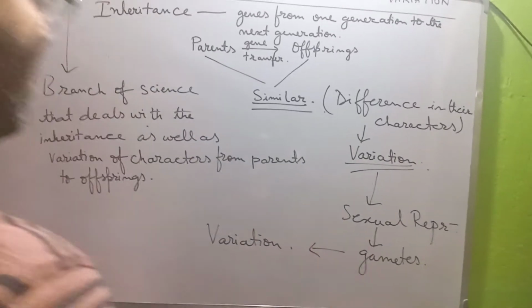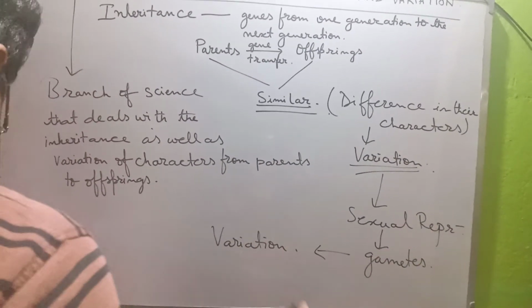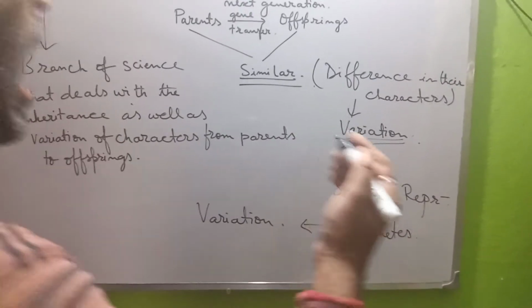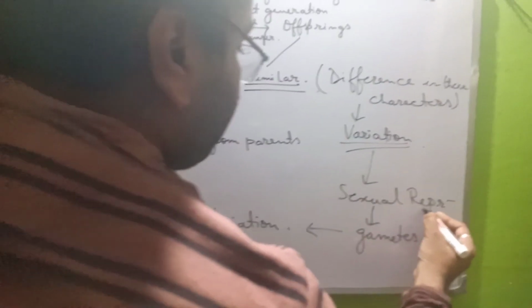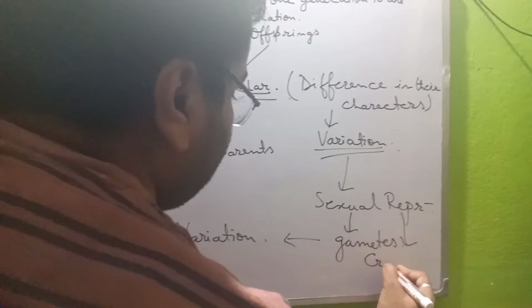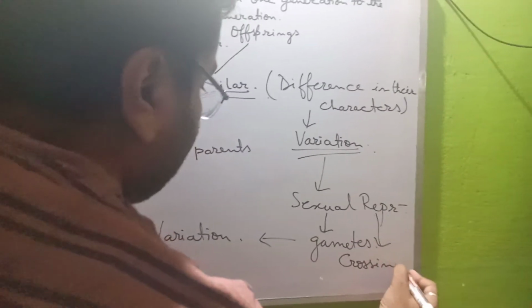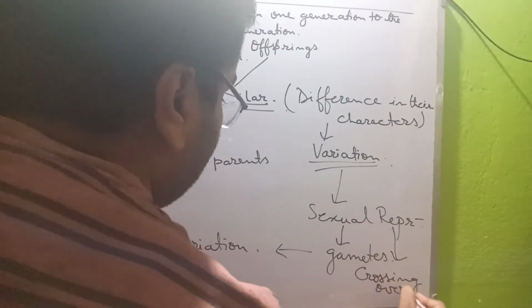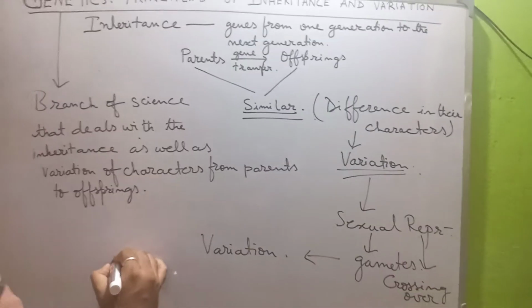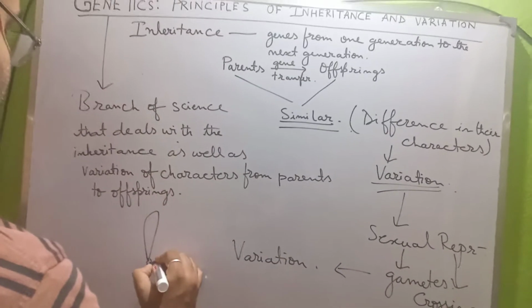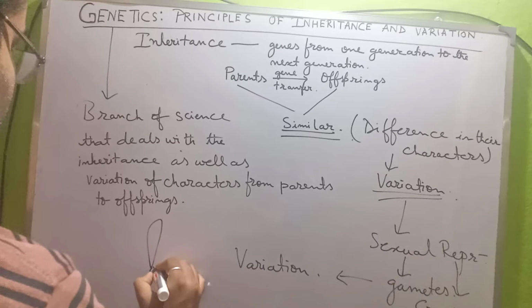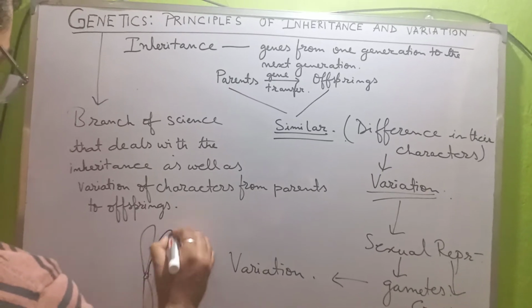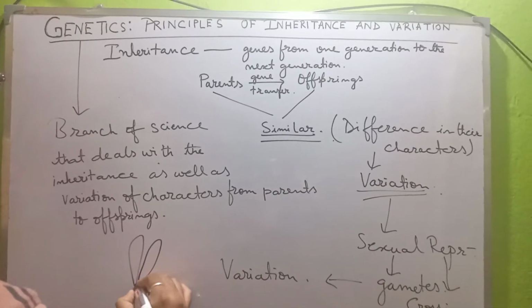And the most important question here is, how does this variation occur in sexual reproduction? By the help of the term you all have studied, crossing over. We all know that a chromosome consists of a chromatid and a centromere.